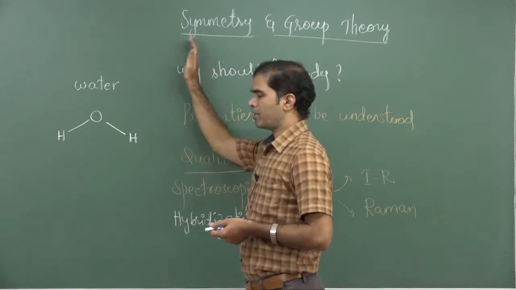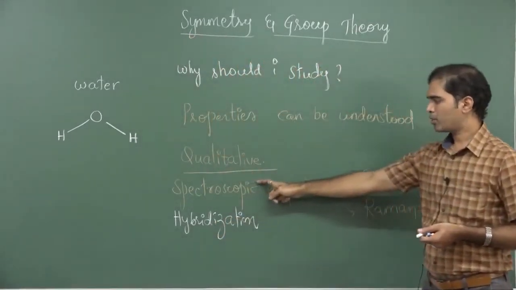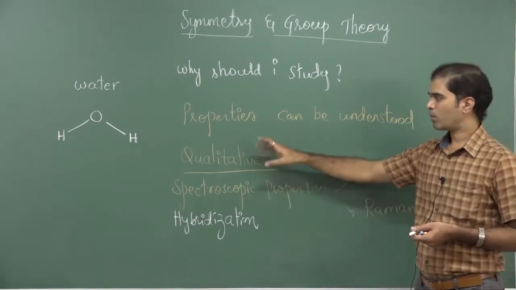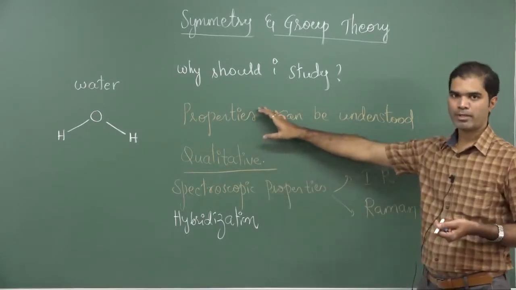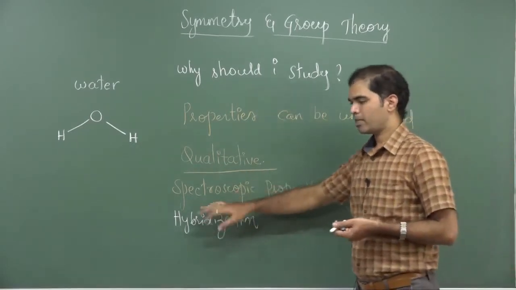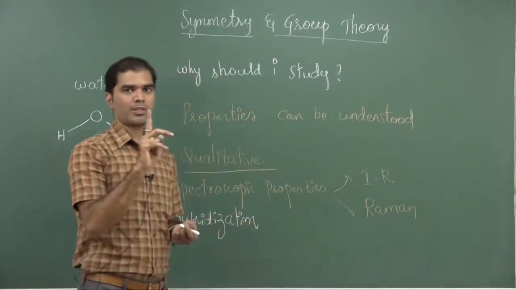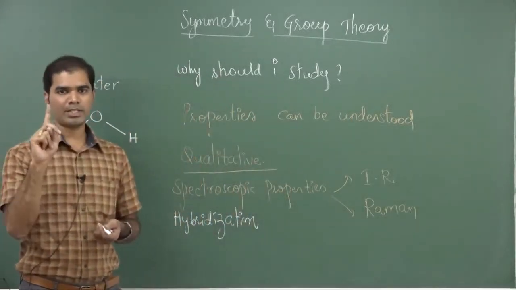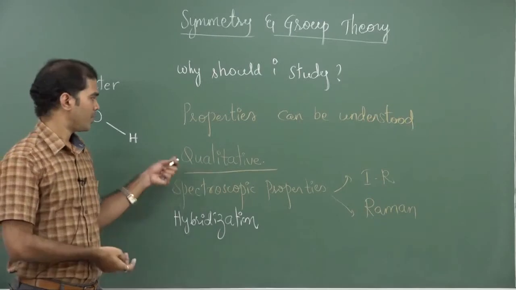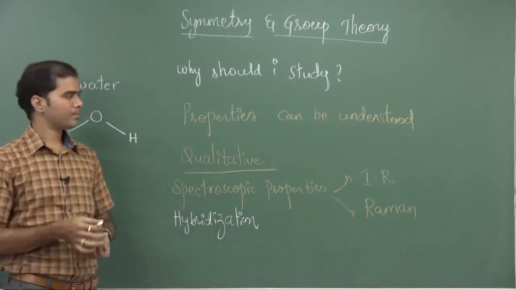And once you apply the symmetry group theory, you can understand the spectroscopic properties, some qualitative properties such as dipole moment or the polarity or optical activity, hybridization, which hybrid orbital is involved, and what is the orientation of that particular orbital, in which direction is it oriented. All that information can be brought about just by knowing the symmetry of a particular molecule.